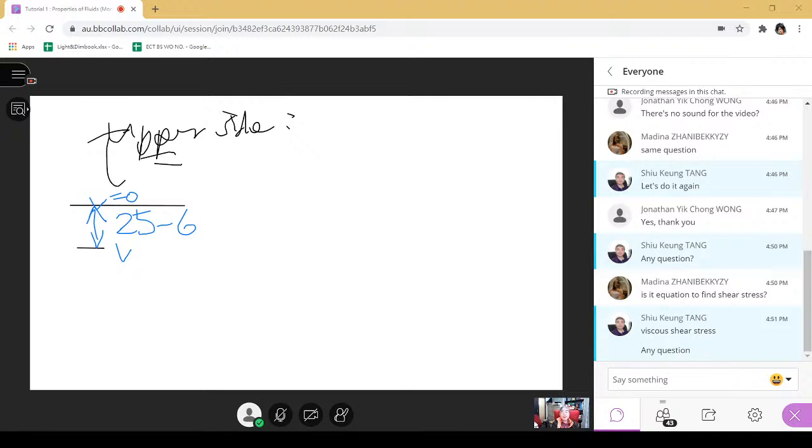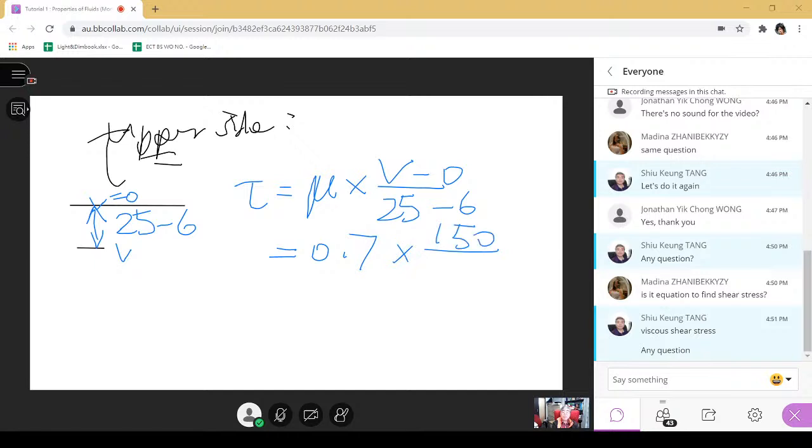Tau, the shear stress due to the viscous stress, is mu times velocity v again, because v minus 0 is just v. And downstairs in the denominator is the distance 25 minus 6. So 0.7 multiplied by 150 millimeter divided by 19.